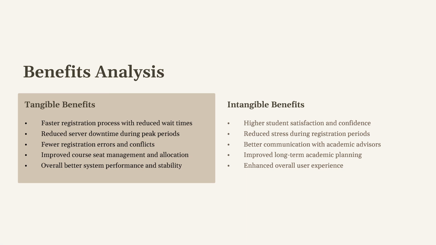For the intangible benefits, we have higher student satisfaction and confidence, reduced stress during registration period, better communication with academic advisors, improved long-term academic planning, and enhanced overall user experience.